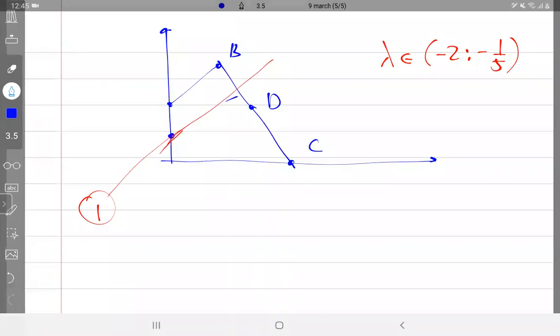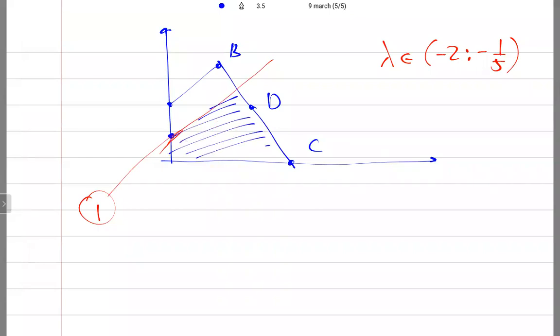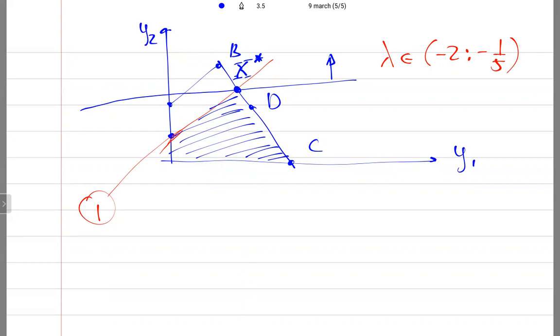And the optimum of the region in which I'm allowed to be in that quadrilateral, the optimal point will be this moving point. Let's call it X. We have a goal function, this is y1, this is y2, and X is the optimal point. So I need to calculate the coordinates of X.